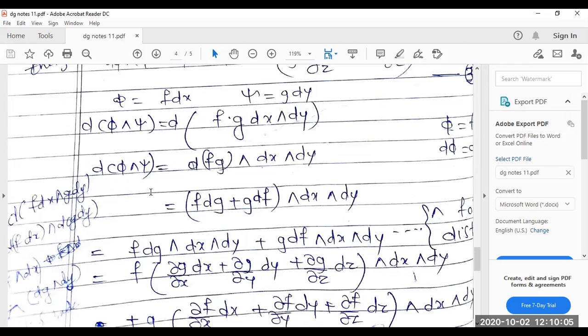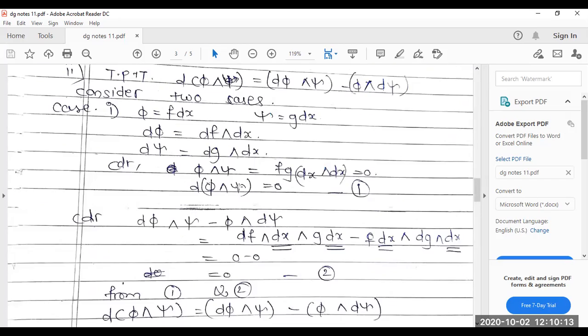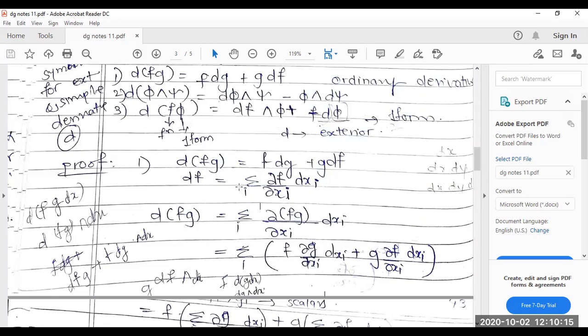And for the third property, I will give you this as homework. In the next live lecture, you have to give me the result of this third property. This is simply a function and this is a one-form, and you have to prove this result. This third property you can prove with the help of the second property that we have proved.